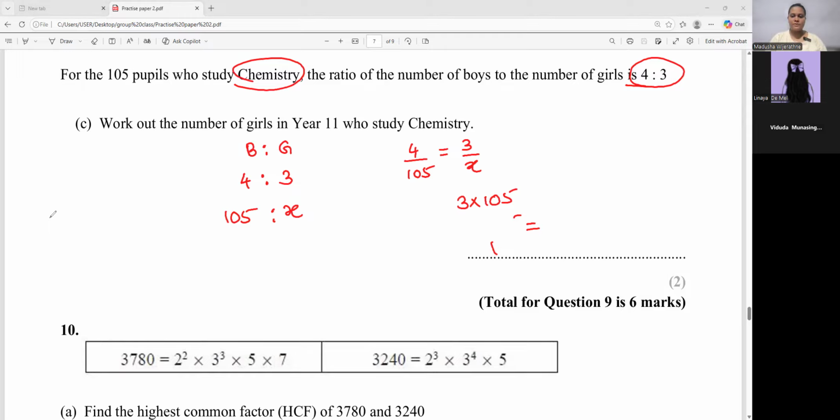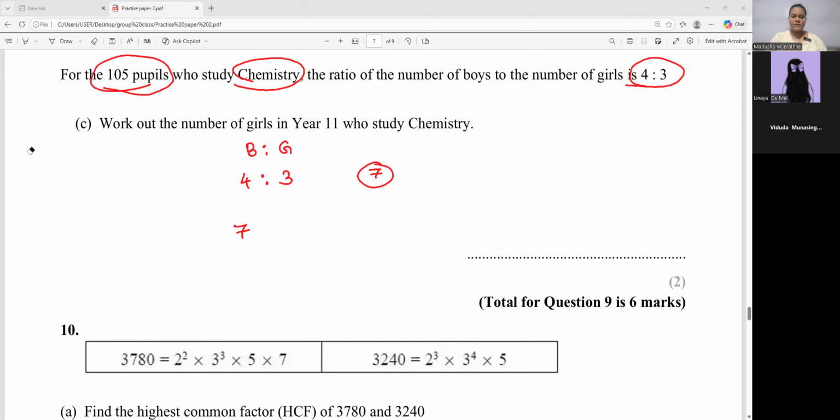This 105 is not boys, it's the total number of pupils. Total is 105. Then add these two ratios. This is 7. Out of 7, 4 are boys. Out of 7, 3 are girls.